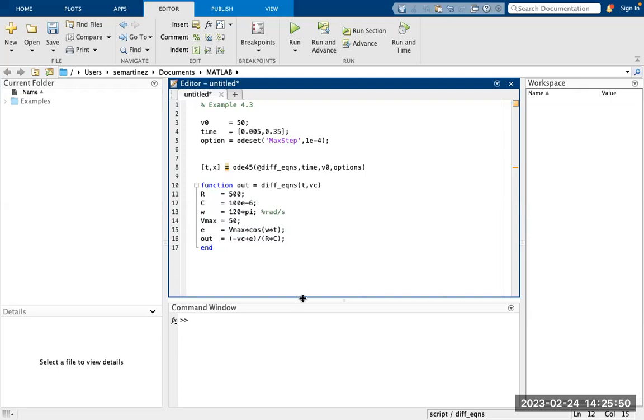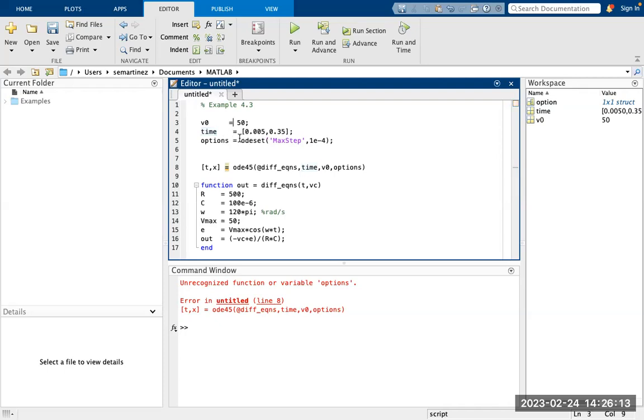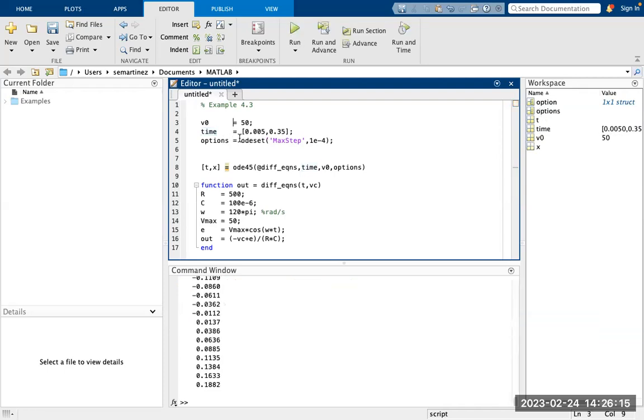So this should give us the solution, right? So this should give us T and X. And X in this case is just one variable, so we're going to have just one column. So let's see what we have. Oh, options. There you go.